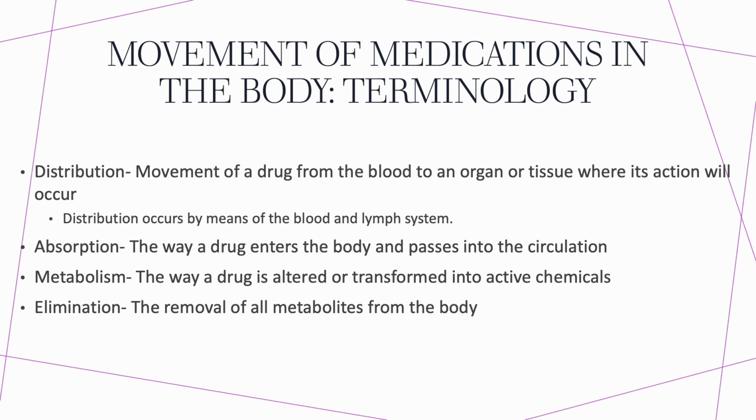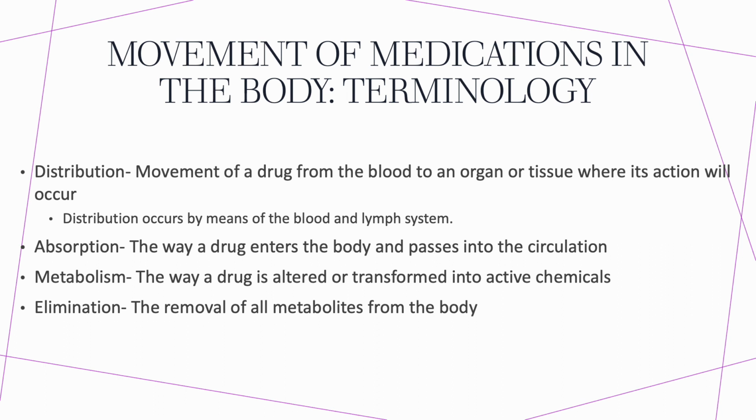All right, more terms. The way that medications move in the body, we need to know the different types. There is distribution, absorption, metabolism, and elimination. Distribution is where we move the drug from an organ to where the action is going to occur. Distribution occurs by means of the blood and lymph system.